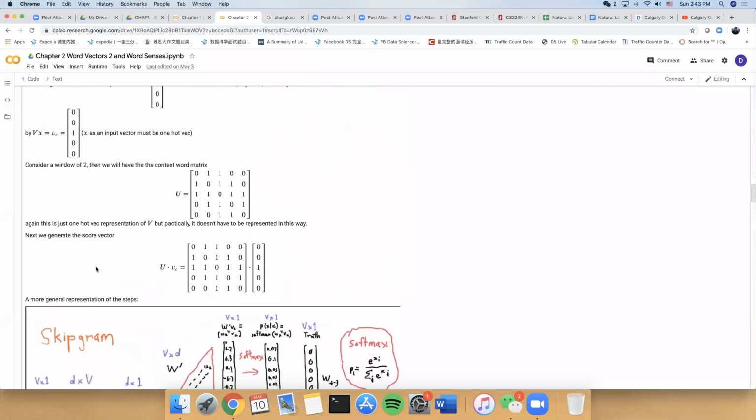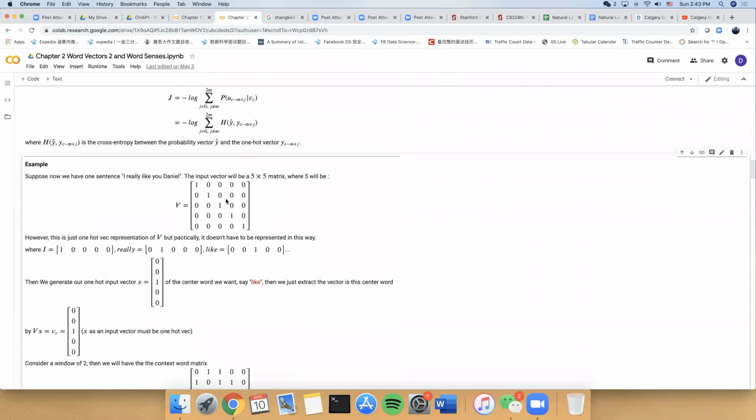If you look at the dimension here, what we do here is 1 times 5, using one-hot encoding, which is here 5 times 5 and 5 times 1, right? How do we decide the 5? It totally depends on the word dimension, not the window size.